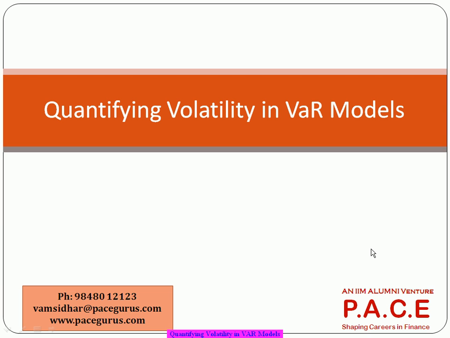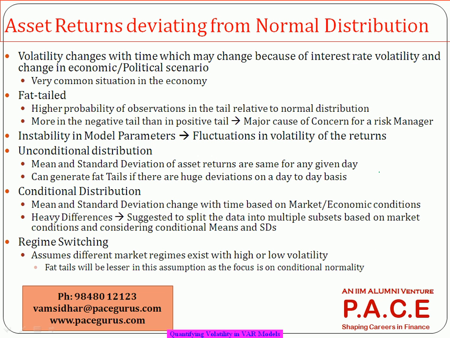Okay. In the earlier session, we had focused on the VAR based on a normal distribution of returns, right? But in the most general scenario, what we observe is that the returns do not follow a normal distribution. For some scenarios, it is because of interest rate fluctuation.